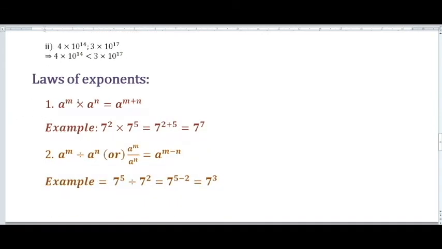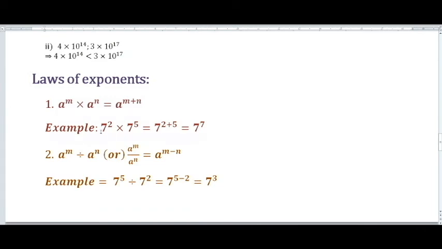The first law is a to the power m into a to the power n. This is the basic one: if the base value is the same but the exponential value is different, then instead of writing the base two times, here we have a to the power m plus n, such that we have to add up the power.